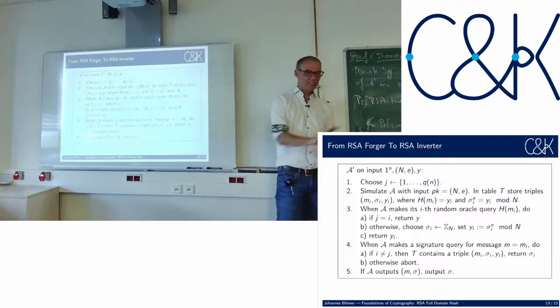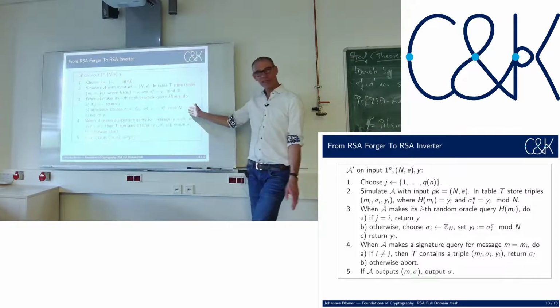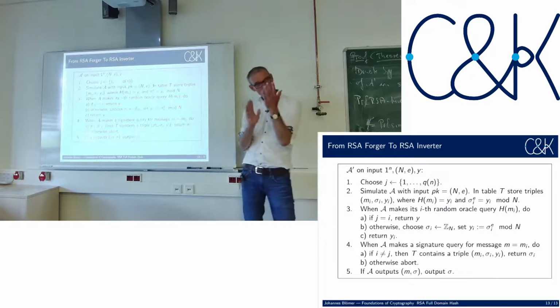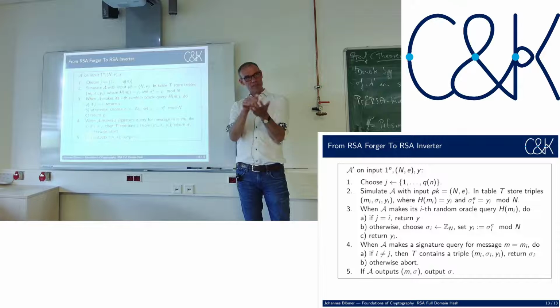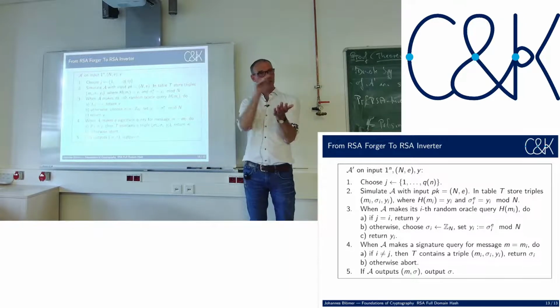These two things do not exclude each other, as you can see here. I can answer them correctly, namely with the uniform distribution, but I prepare them in such a way that I always know a pre-image under this exponentiation with e.